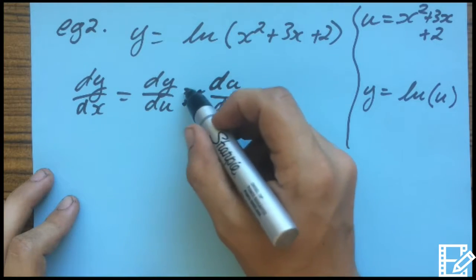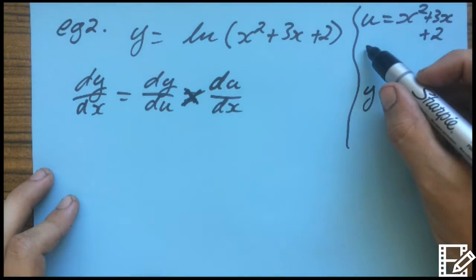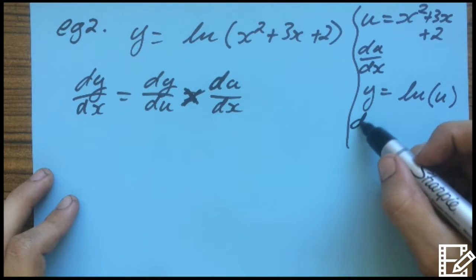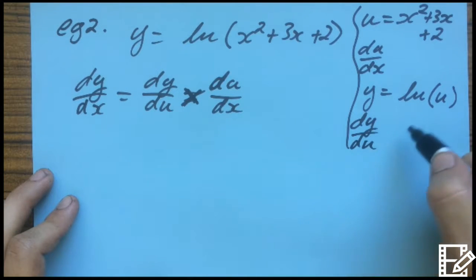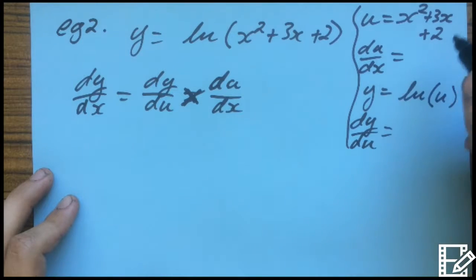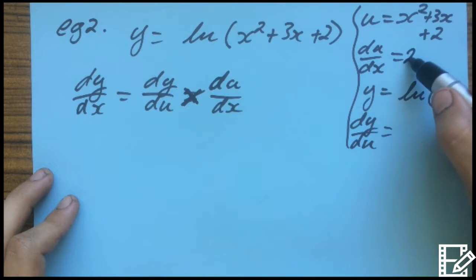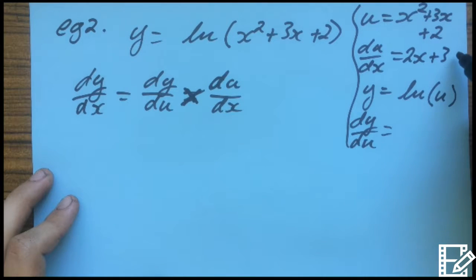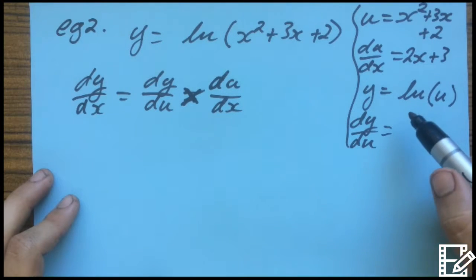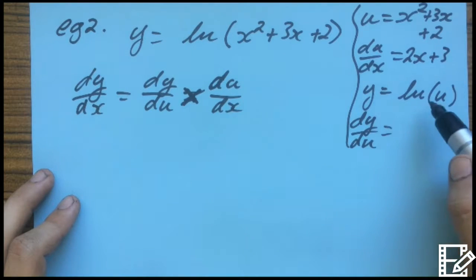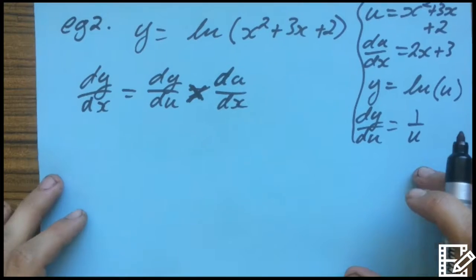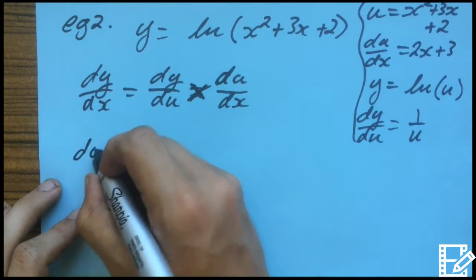That's a multiplication sign. Okay, so we need to find the derivative of u with respect to x, and we need to find the derivative of y with respect to u. So the derivative of x squared is 2x, the derivative of 3x is 3, and the derivative of 2 is nothing. Well, 0. The derivative of ln u is just 1 over u, and so we can sub these values in.